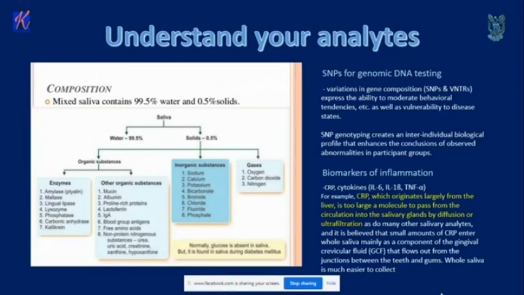So when I'm trying to do some SNP analysis, my analyte is salivary DNA. I have to see, when I do salivary DNA analysis for a particular thing, whether I am doing a whole genomic analysis, or I am trying to find out any bacterial DNA.